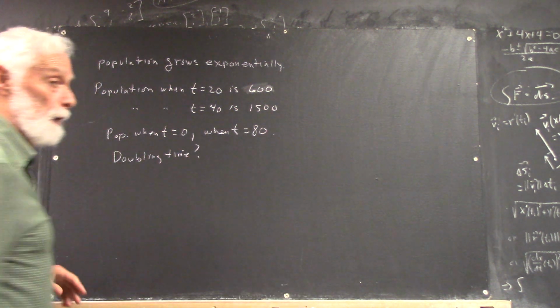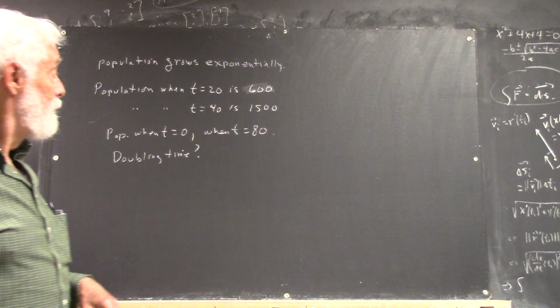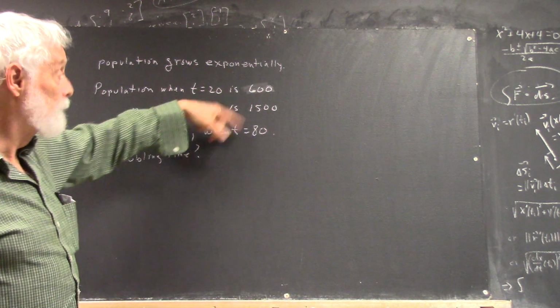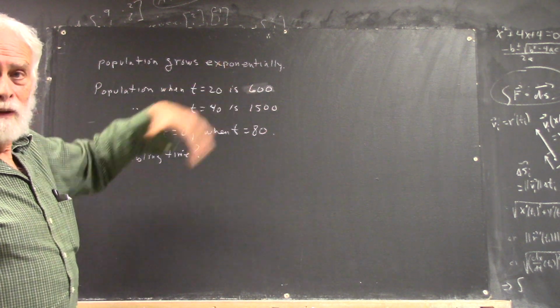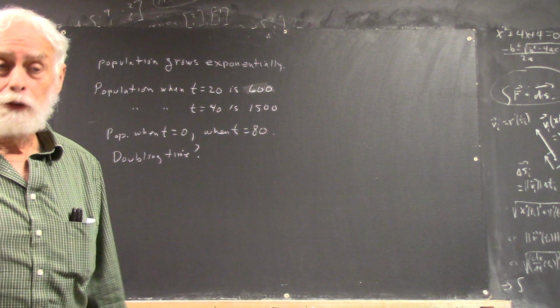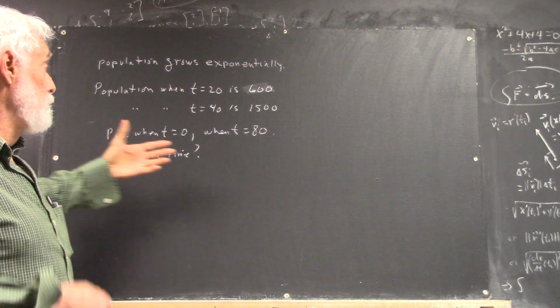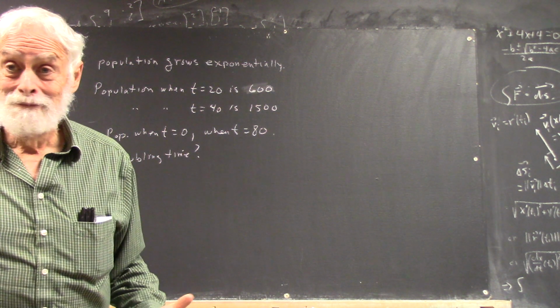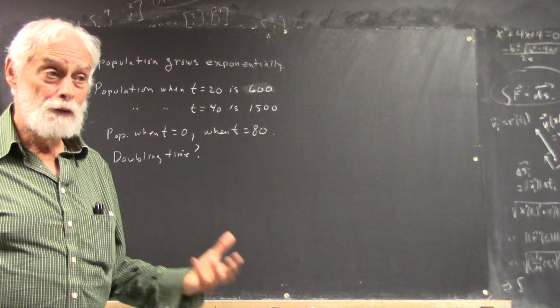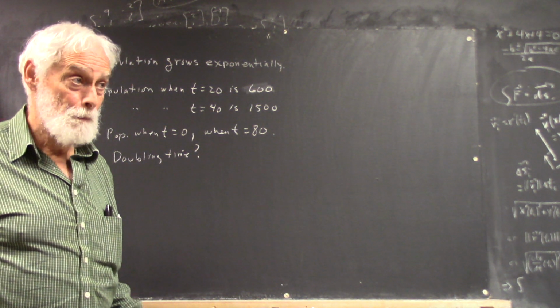How long does it take the population to double? Well, it's going to be a little less than 20, whatever the units of time are, because in 20 units of time, it increases by a factor of 2.5, right? So you could guess, maybe it's around 17, okay? But we don't want to guess, we want a pretty accurate result, okay?